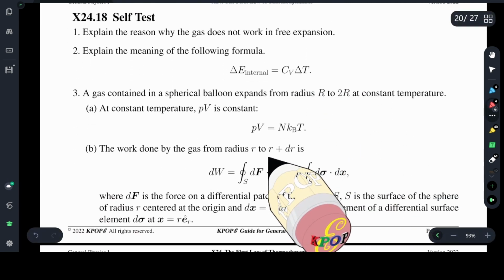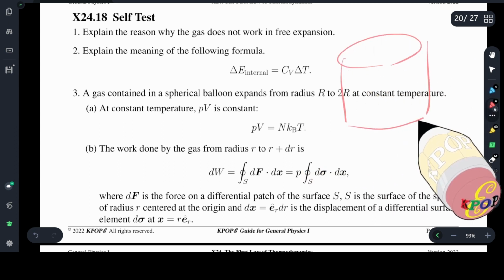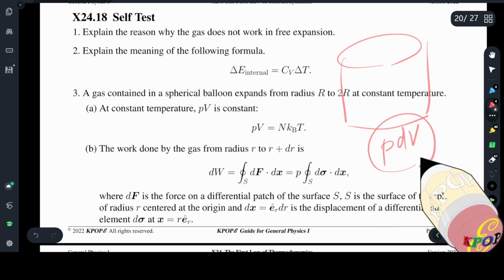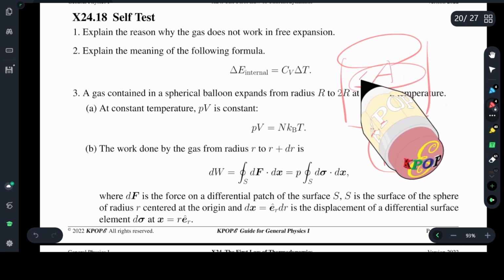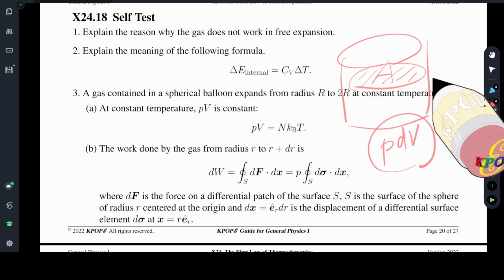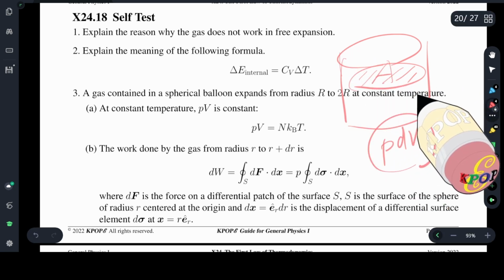Okay, previously in the lecture we have seen the P dV. We derived this using the constant cross-sectional area of a piston that is the lid of a cylindrical container of a gas.